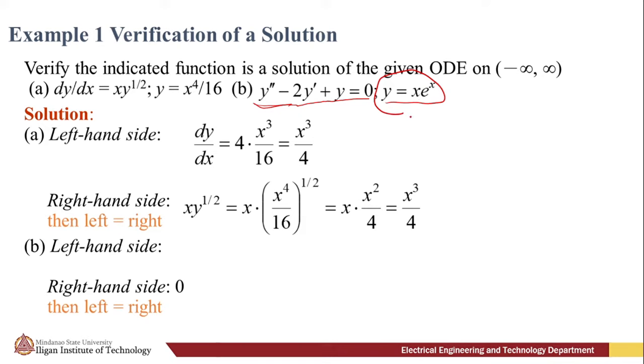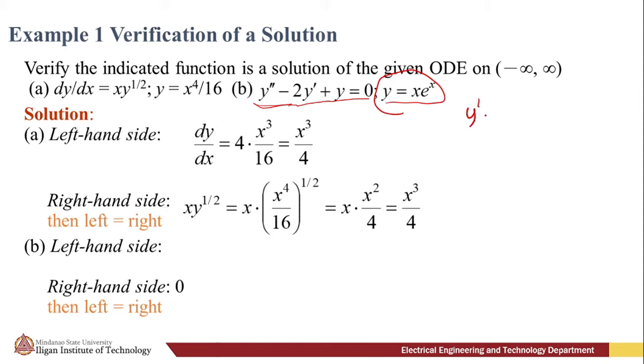So same process from the previous example. So what we need is a second derivative of y and first derivative of y. So we already have the value of y, which is y equals x e raised to x.